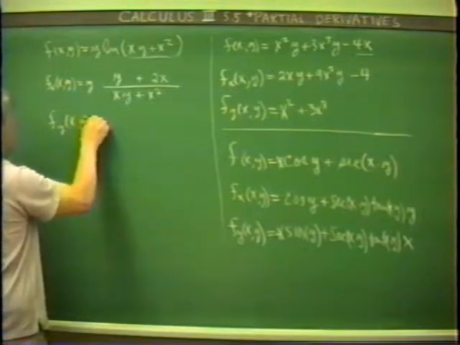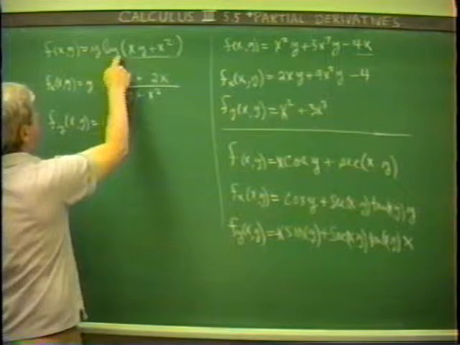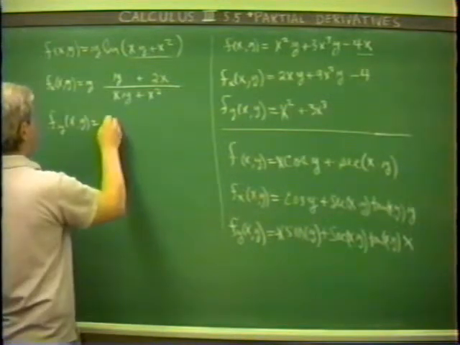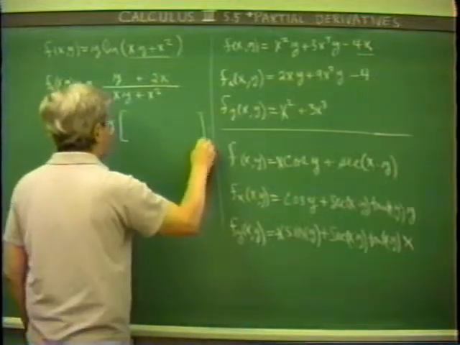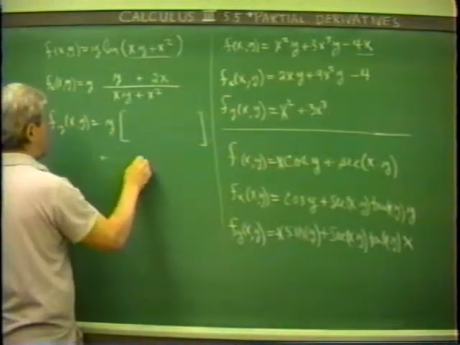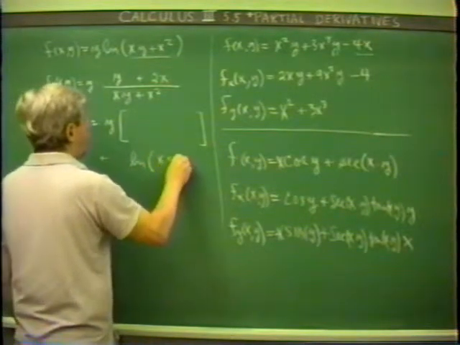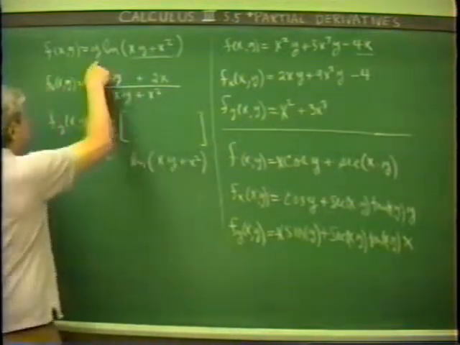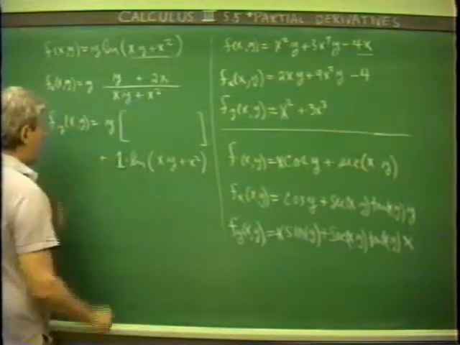The partial with respect to y. Now with respect to y, this is a product. So the partial derivative is going to be the first times the partial derivative of the second plus the second times the partial derivative of the first. That's log of xy plus x squared times the partial derivative of y here, which is 1.